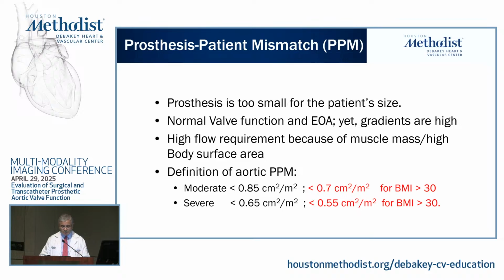Remember those, and also remember the effect of obesity and a higher body surface area. Dividing area by surface area can be misleading. So for BMI greater than 30, the cutoffs for moderate or severe are certainly much lower because of that situation, right?